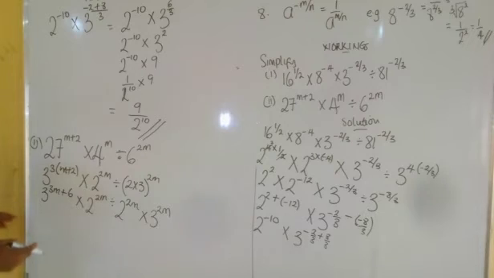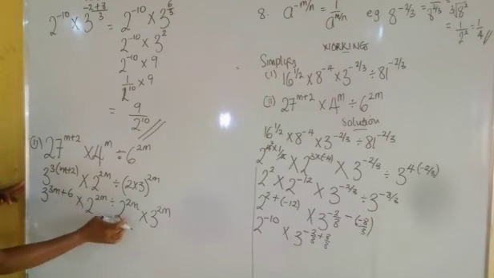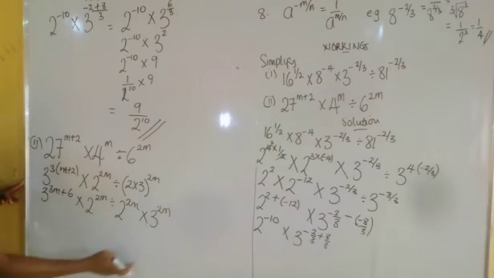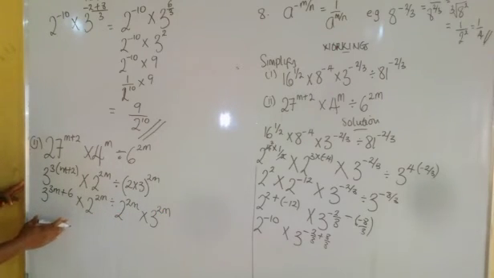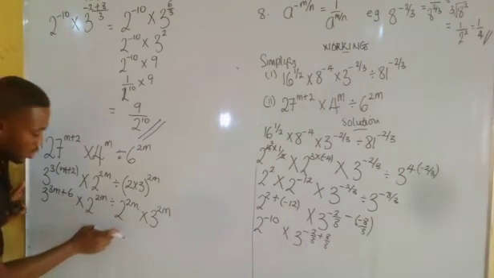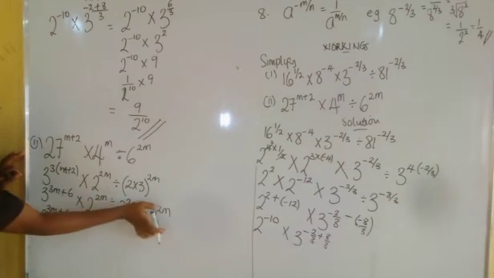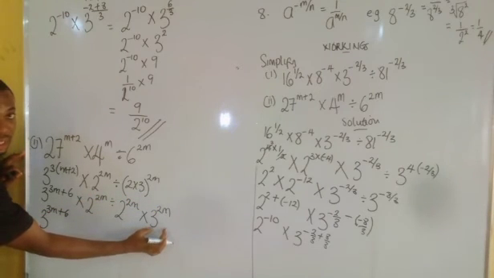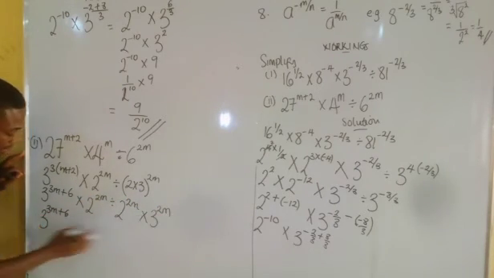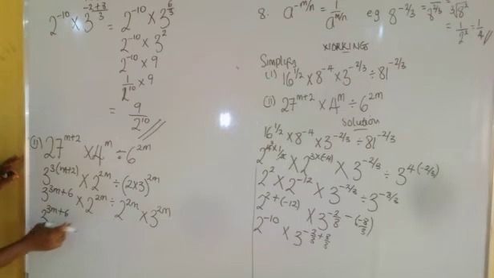At this point now, 3 raised to power 3m plus 6 times 2 raised to power 2m, all divided by 2 raised to power 2m times 3 raised to power 2m. So we can collect like terms to ensure that we collect the ones that have the same base. So if we have 3 raised to power 3m plus 6, now from this part they are divided. So bring this 3 raised to power 2m so they can be together because of the base.